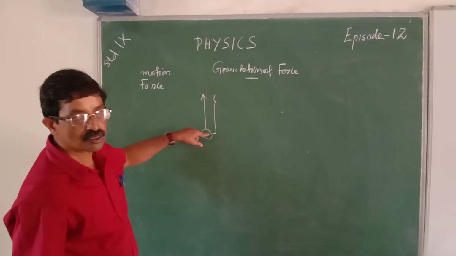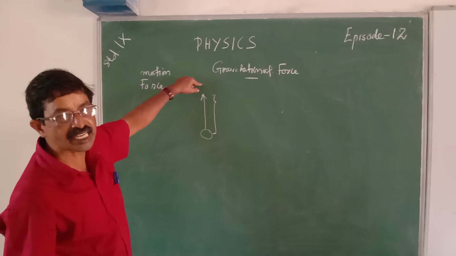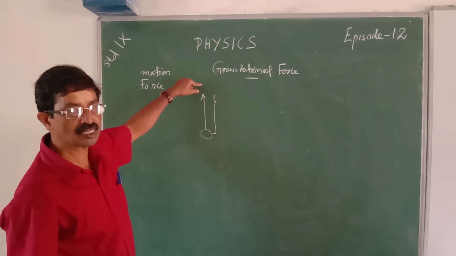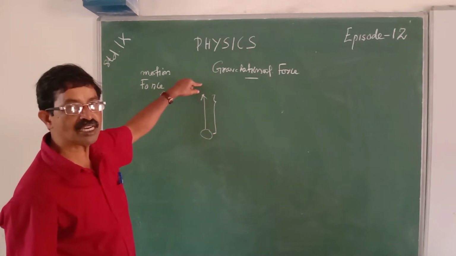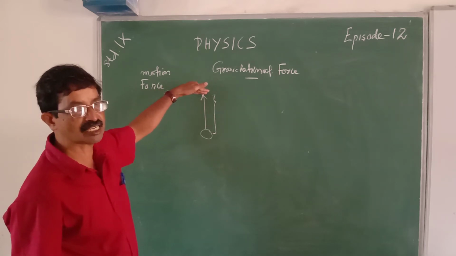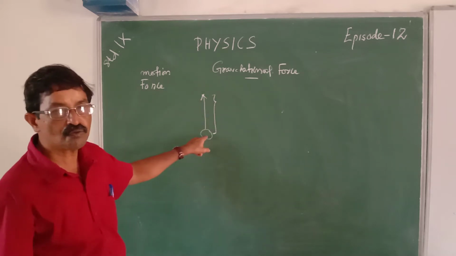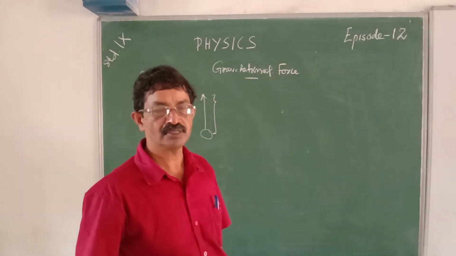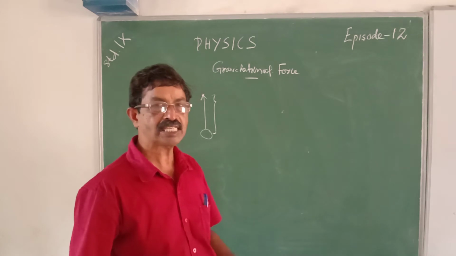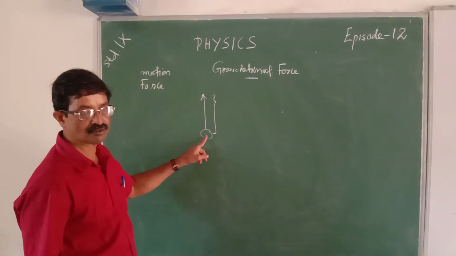To move this stone up, we exerted a force. Because of that force it moves to a certain height, then why does the stone fall down? That means some force is being exerted to bring it down.